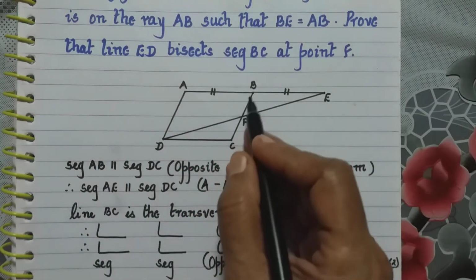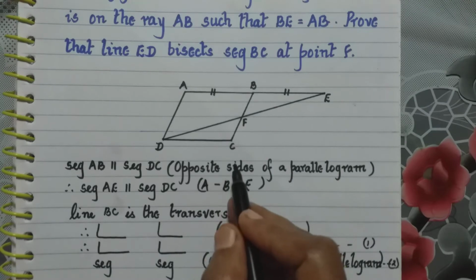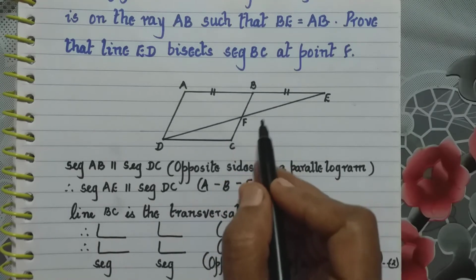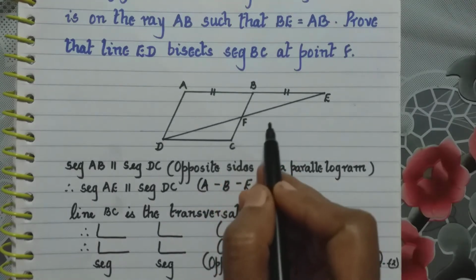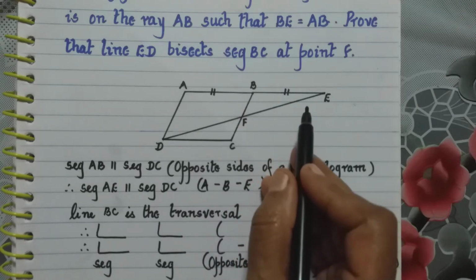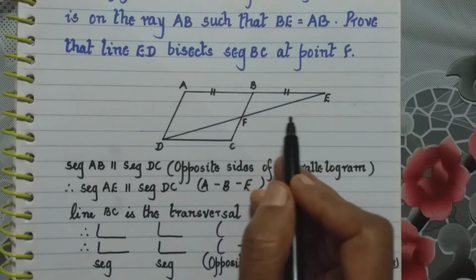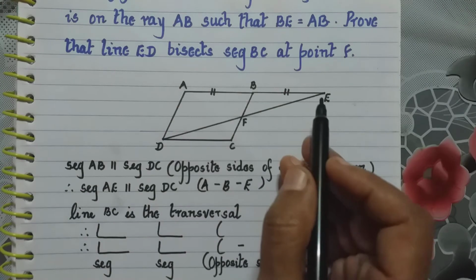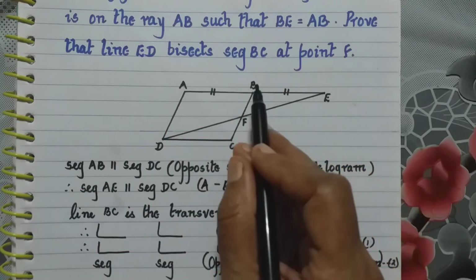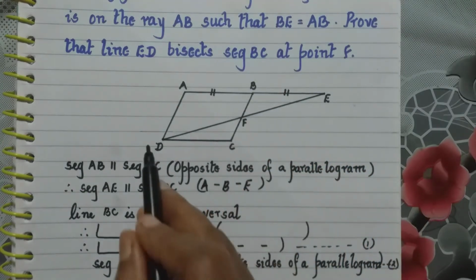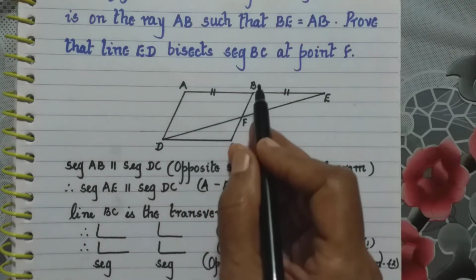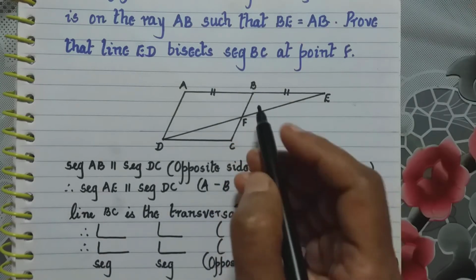If line BC is the transversal, then we have a pair of angles which are congruent to each other, that is alternate angles. So which will it be? Angle EBC and angle DCB.